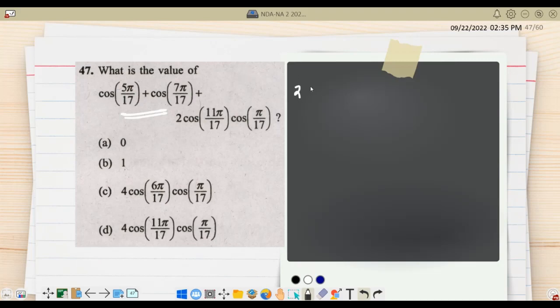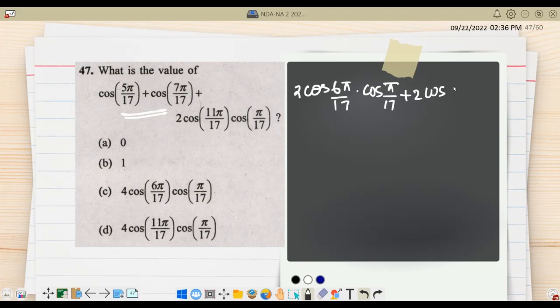You're going to get 2 into cos 12 pi by 17 divided by 2, that is going to be 6 pi by 17, into cos the difference is 2 pi by 17, divided by 2, that's going to be pi by 17.